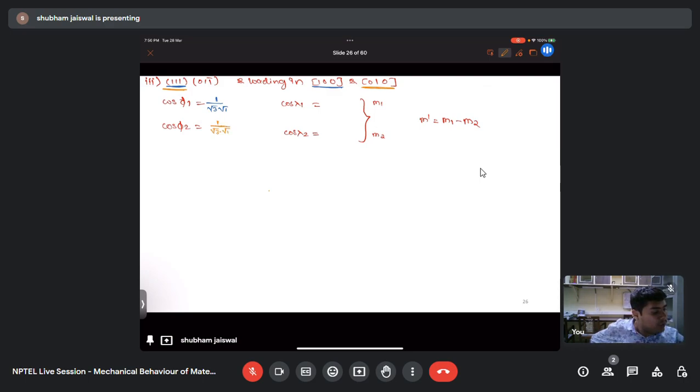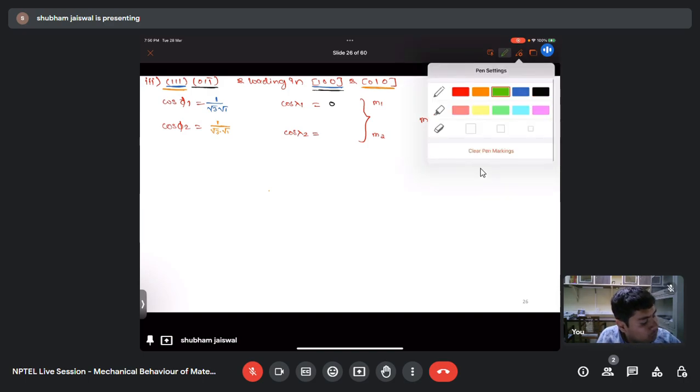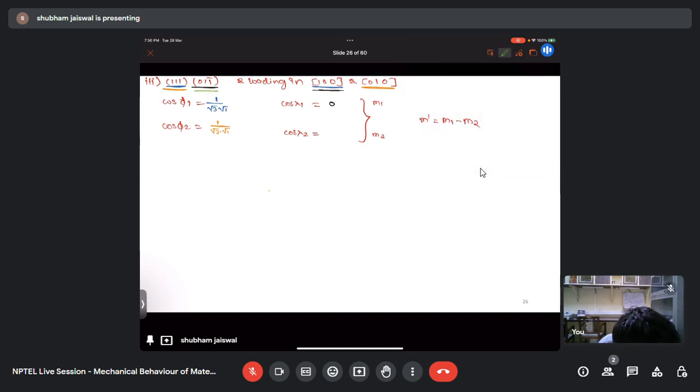Now we need to find out the angle between this one and this one, that is the cos lambda 1. So here we have cos lambda 1 as 0. Now we need to find out the angle between 011 bar and 010.